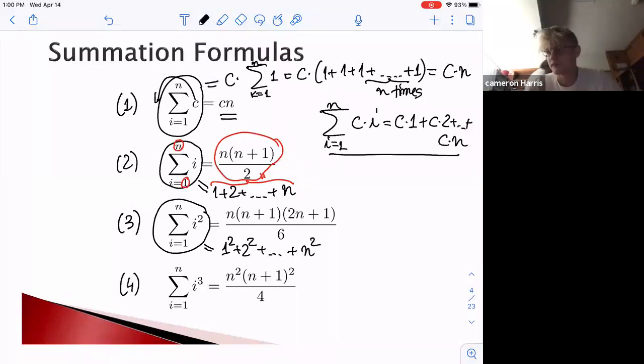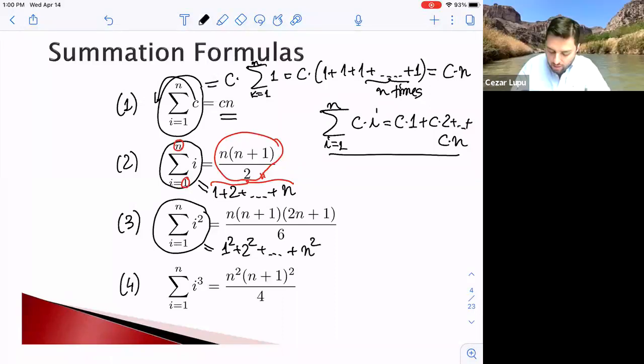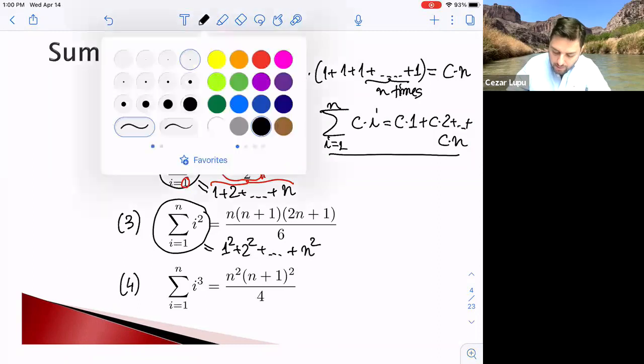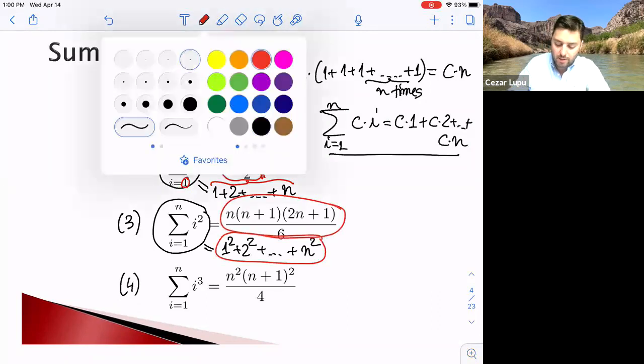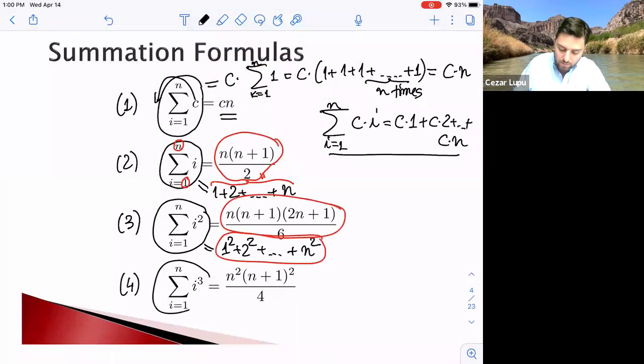And I have here n terms, right? So this guy here is this guy here. And also, what about the last one? The last one you can write in the same way. This guy is nothing else than just 1 cubed plus 2 cubed plus n cubed.